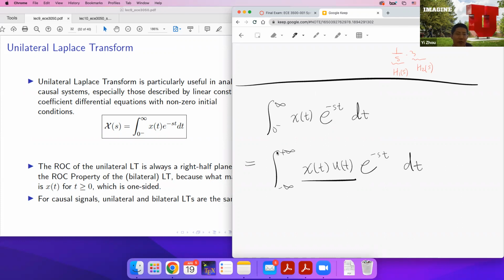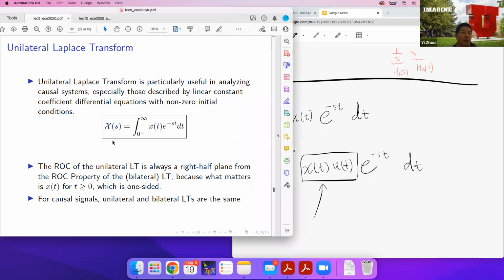Therefore, you can view this as a standard Laplace transform applied to the signal x(t) times u(t). No matter what x(t) is, x(t) times u(t) is always a causal right-sided signal. So by the properties of the Laplace transform, the ROC of this signal is right-sided. Therefore, the conclusion is that for this unilateral transform, the region of convergence is always a right-sided plane.